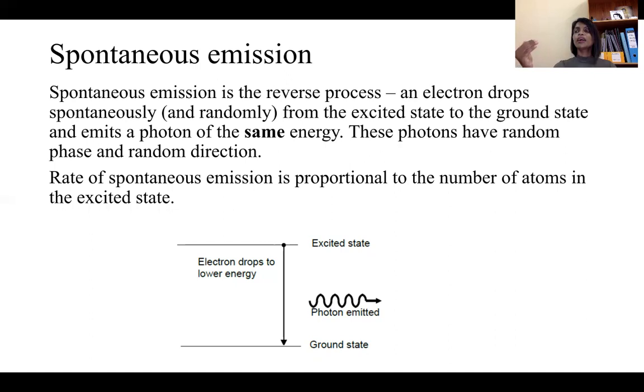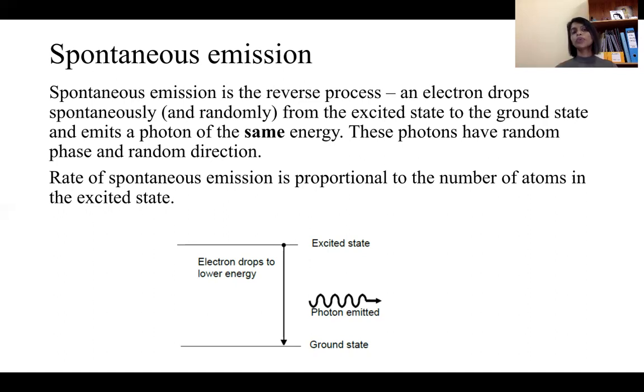For a given excited level, there is a lifetime. The electron can be there for a particular time period. When that time expires, it has to come down by emitting a photon. If it has a shorter lifetime, that means the electron quickly jumps back to the ground state.